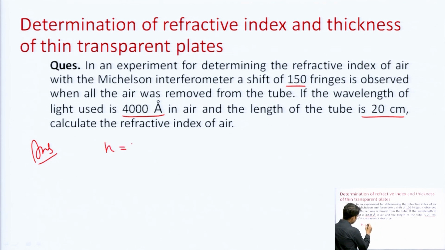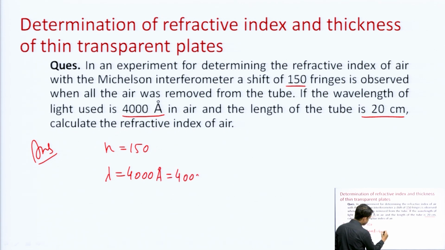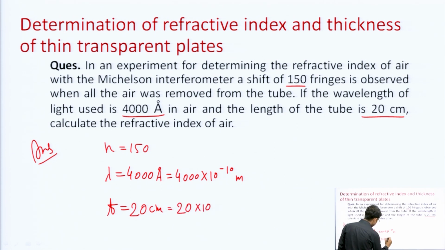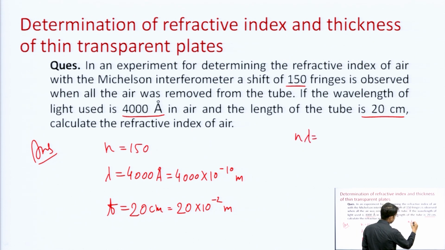N is 150 and lambda is 4000 angstrom, that is 4000 into 10 to the power minus 10 meters, and T is 20 centimeter, that is 20 into 10 to the power minus 2 meters. Okay. So, what is the formula? N lambda is equal to 2 mu minus 1 into T. So, we have to find out mu.